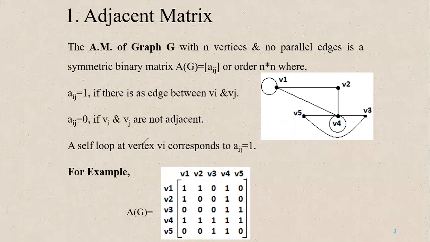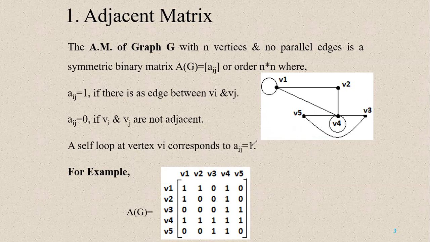Suppose a self loop exists. In that case, it is equivalent to adjacent. Therefore, we use 1. For example, here V4 contains a self loop. Therefore V4 to V4 is adjacent, and we write 1.